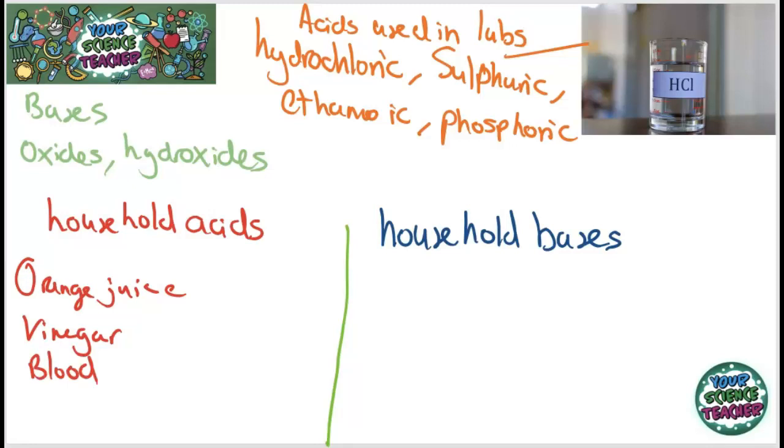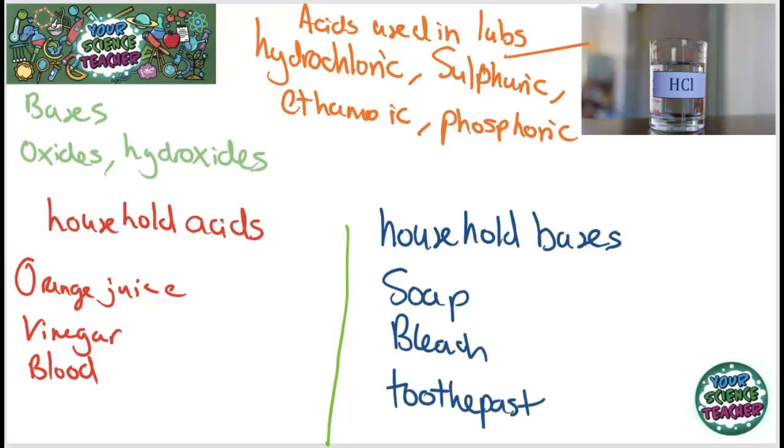What about bases? Which bases are we likely to encounter on a day-to-day basis? Well, there's soap, which we find all over our house. There's bleach. Toothpaste is actually basic as well. And we come into contact with loads and loads of different acids and bases all the time.